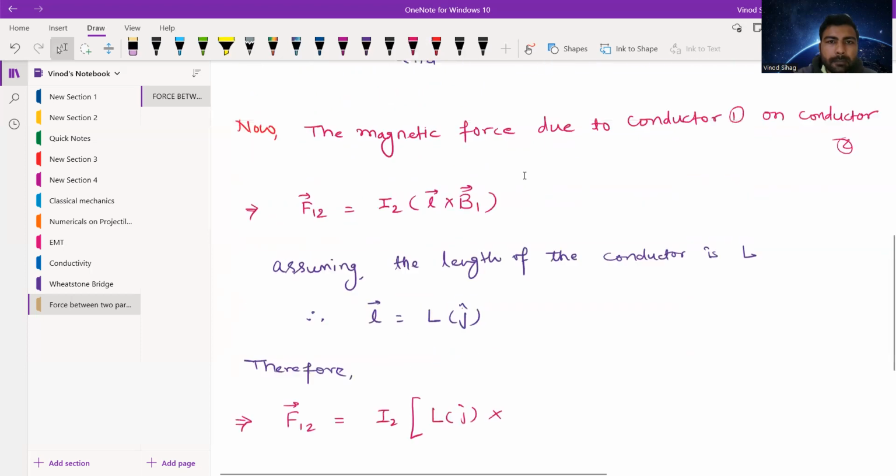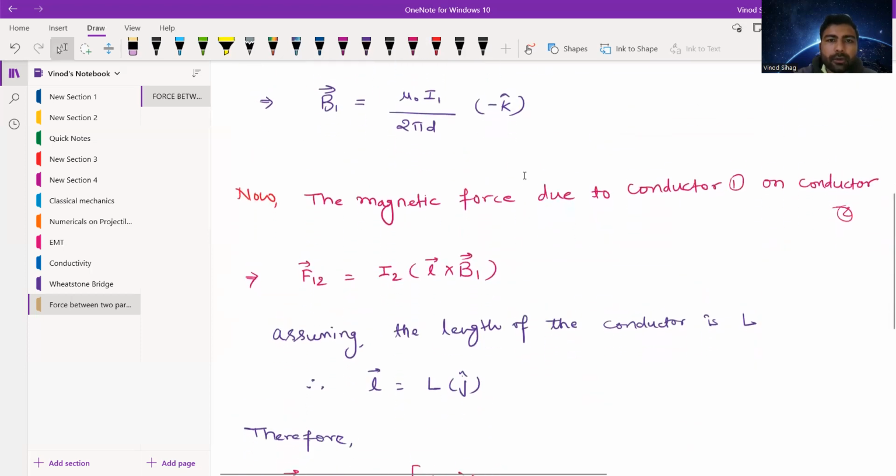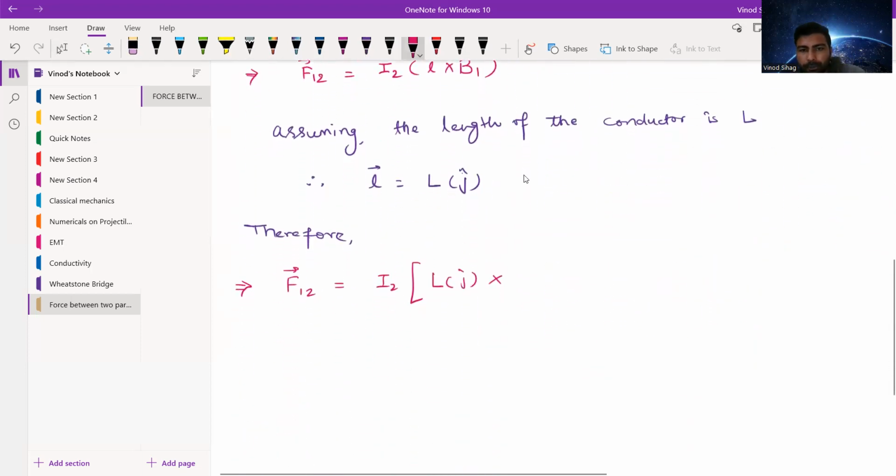B1 vector is mu naught I1 upon 2 pi d, minus of k cap. This is the equation.